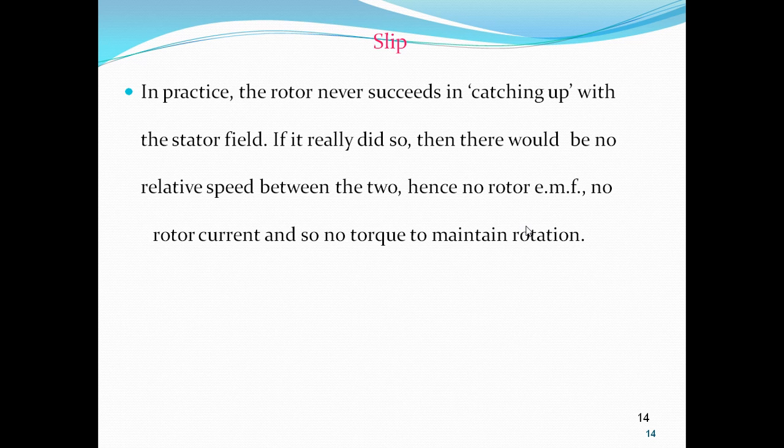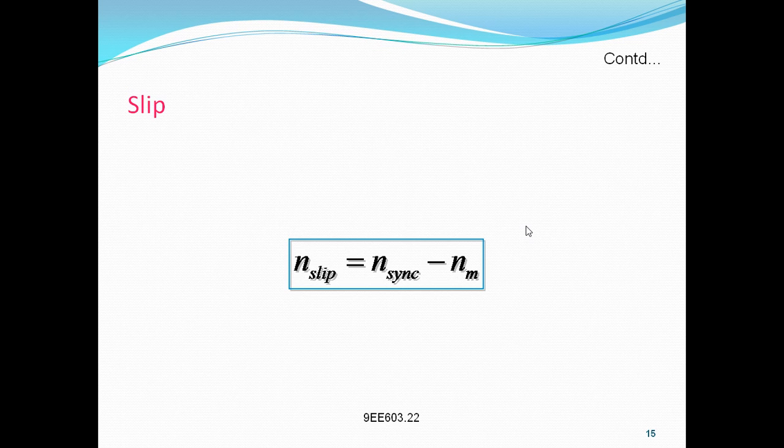That's why the induction motor never rotates at synchronous speed. Its speed is always less than synchronous speed, that is Ns is equal to 120 f by P.